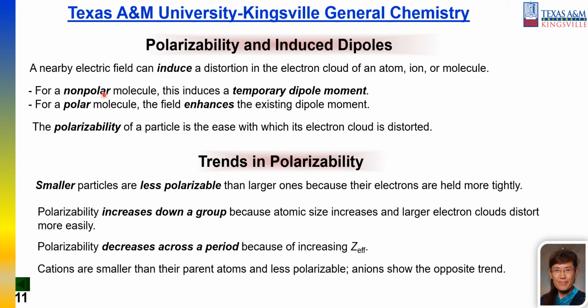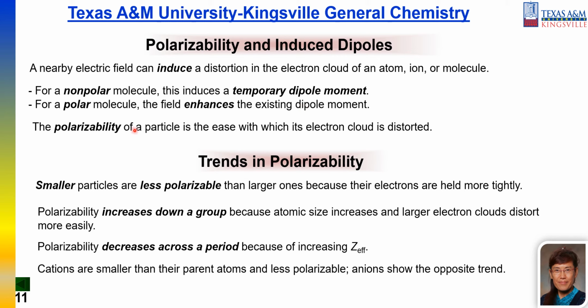For a non-polar molecule, this induces usually a temporary dipole moment. So the polarizability is temporary, instantaneous. For a polar molecule, the electrical field enhances the existing dipole moment, resulting in further polarizability.